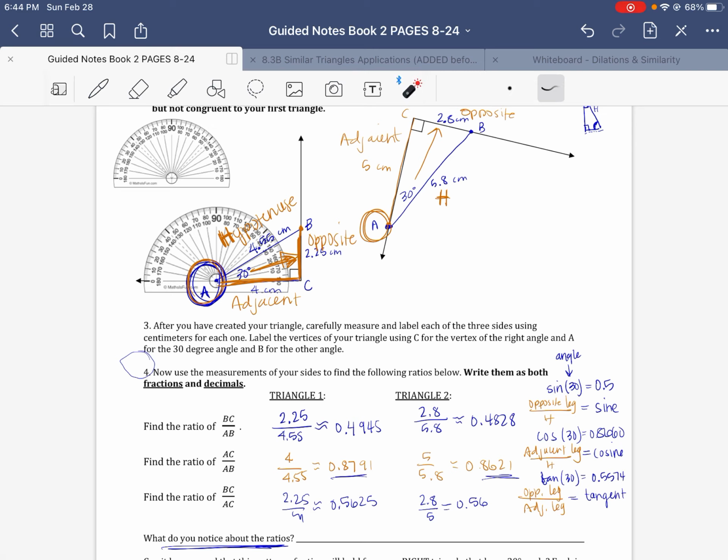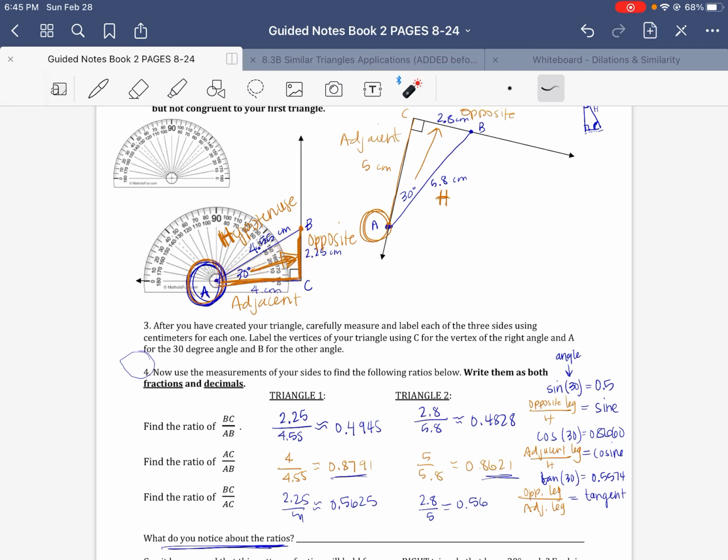So again, my values are not exact because drawing is really challenging. But the cool thing is anytime I take the sine of 30 degrees, I know that it's going to be 0.5. So if I had a triangle and I didn't know what the degree measure was, and the opposite leg is related to the hypotenuse by 1/2, then I know that this is a 30-degree angle.